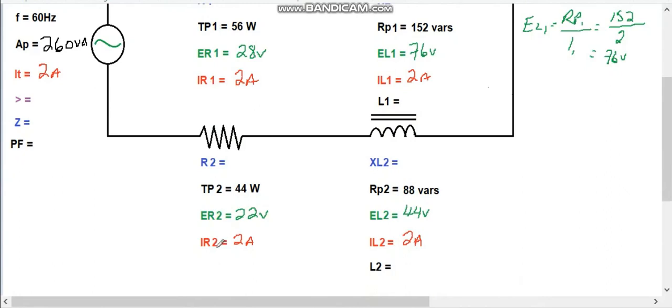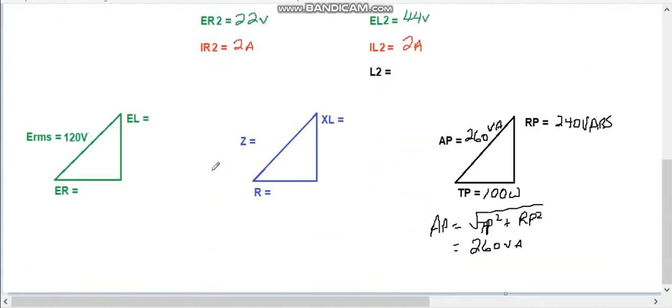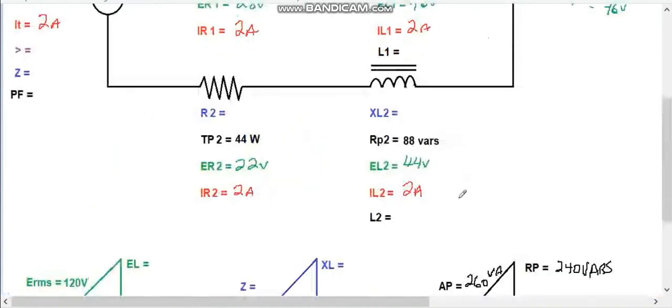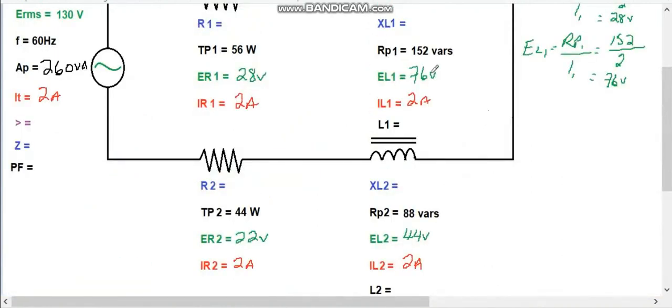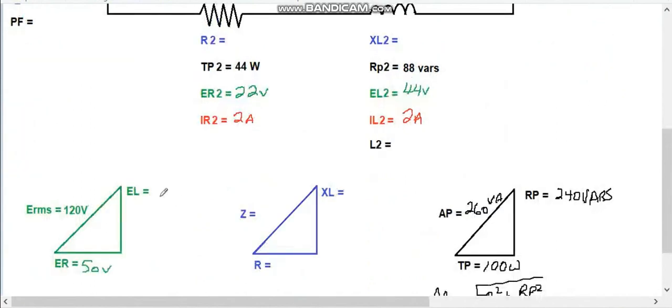That is the value of voltage drop across the resistors themselves, 28 and 22. So that's actually 50. So the voltage drops across my resistors would be 50 volts. And then the voltage drops across my inductors, I got 76 volts plus 44 volts. So my voltage across the inductors is 120.